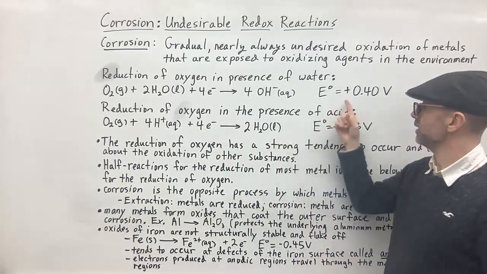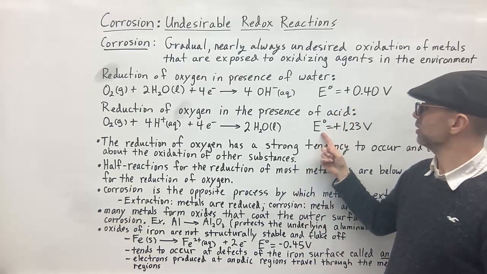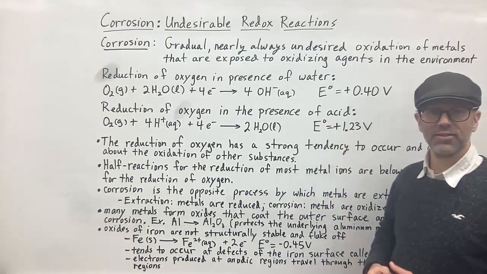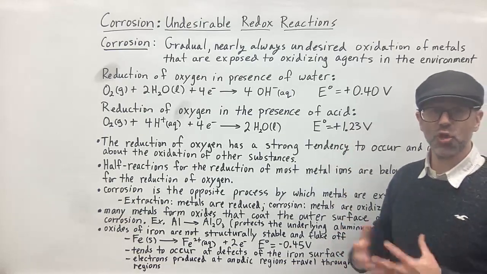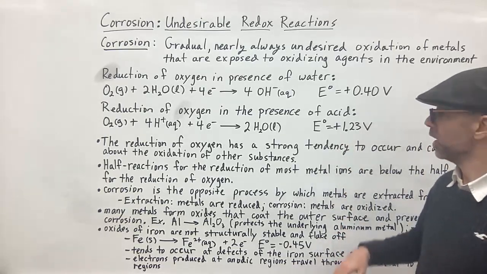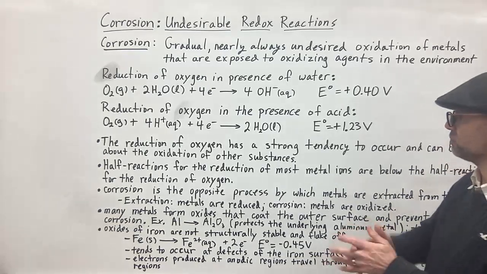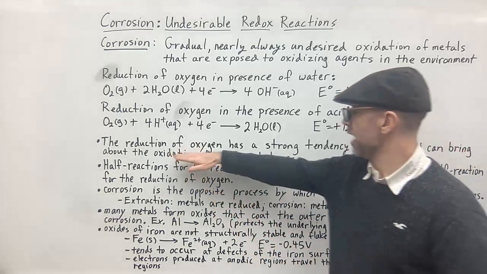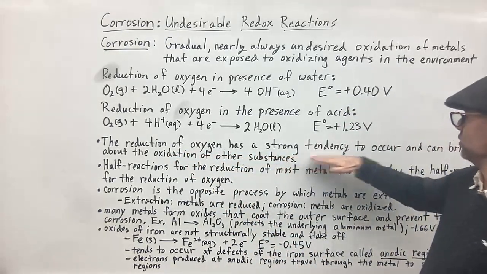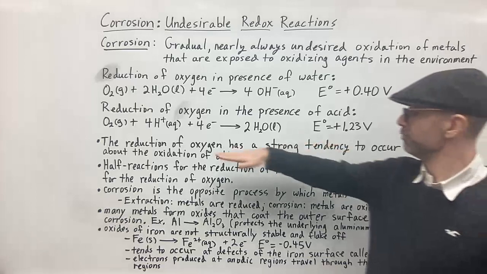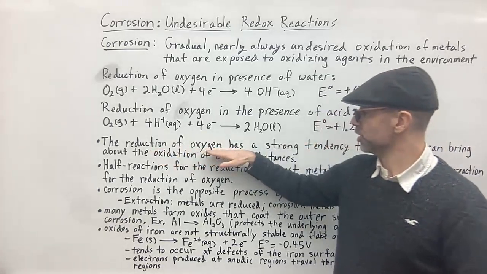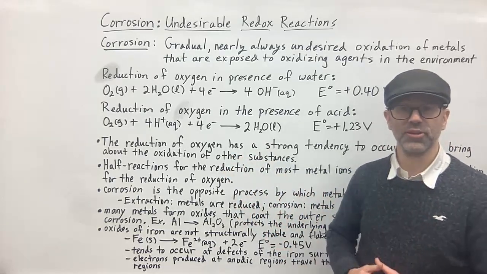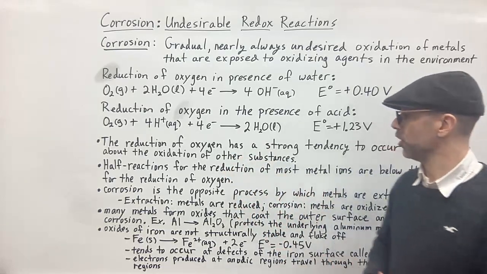So you can see that the electrode potential of both of these is fairly positive, and so that's going to have a strong tendency to occur in nature or spontaneously. The reduction of oxygen has a strong tendency to occur, and therefore, if the reduction of oxygen occurs, then along with it, whatever other substances are present can be oxidized.